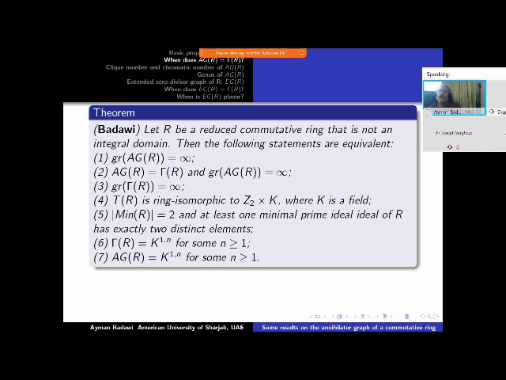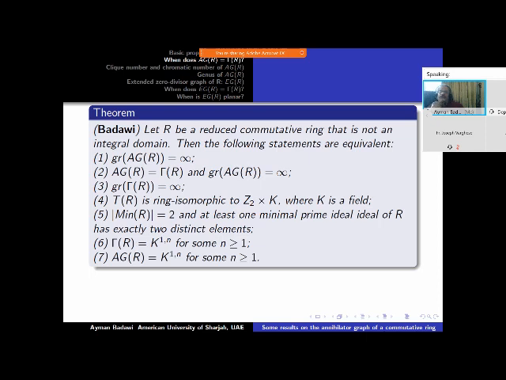So in that theorem, I have the assumption that the annihilator graph is not equal to the zero divisor graph. So 1 implies 2 will be trivial.